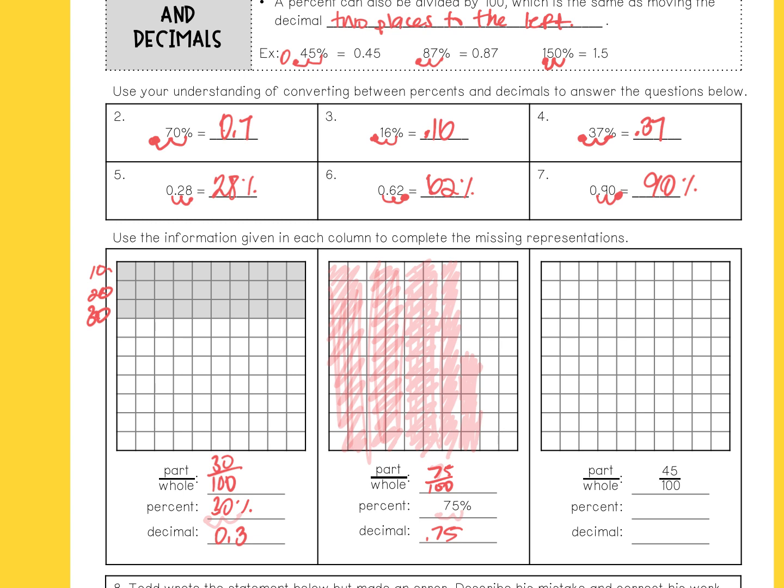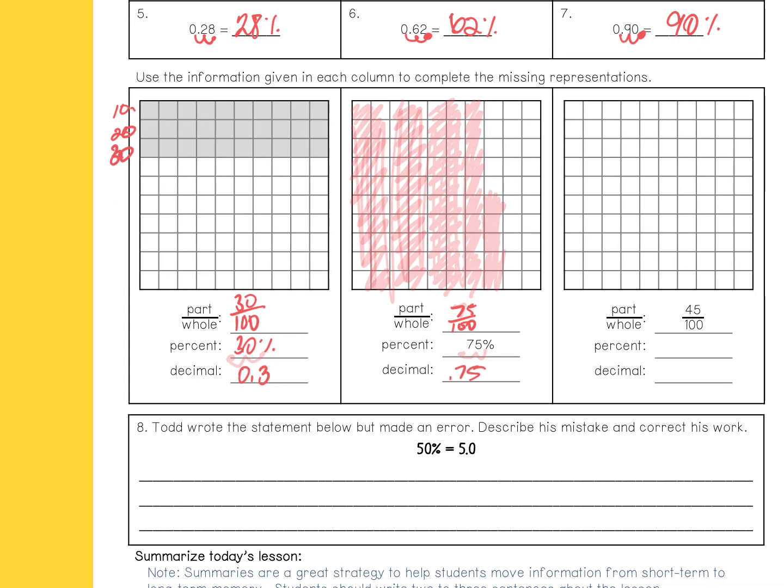If you go ahead and do our last example, 45 hundredths, remember that is 45 out of 100. How many squares will I need to shade for 45 out of 100? Turn 45 hundredths to a percentage, then turn it to a decimal, and you can answer number 8.